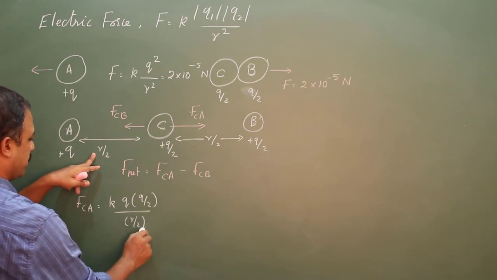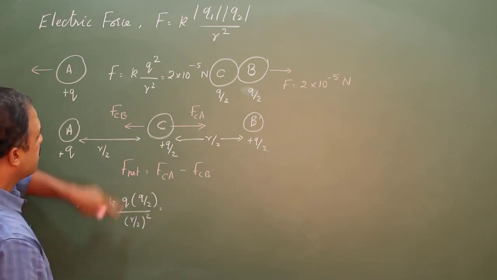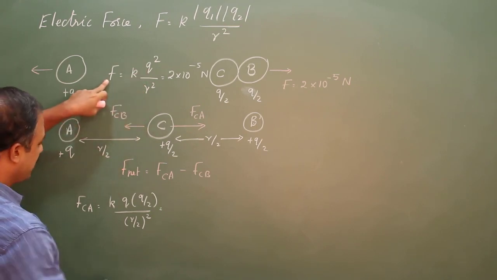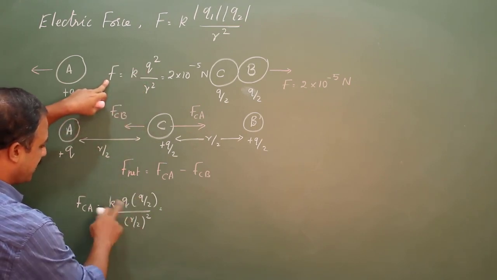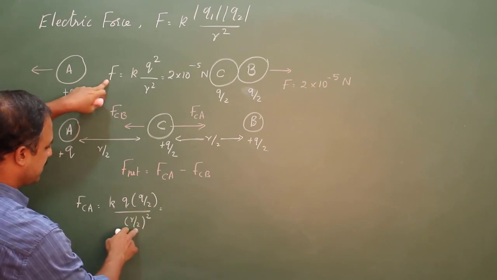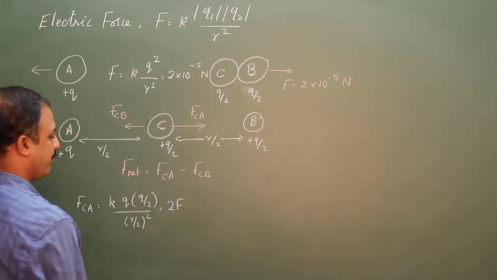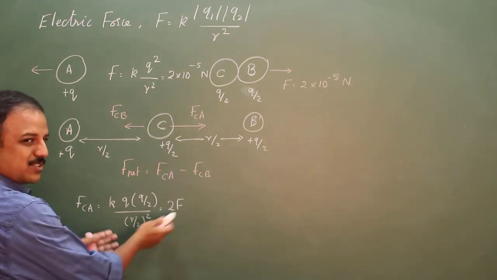Comparing with the earlier equation, KQ squared by R squared can be taken as F, and for the remaining terms, Q by 2 divided by R by 2 squared gives 2 over 4 times 4, so it will become 2F. You can just solve this.